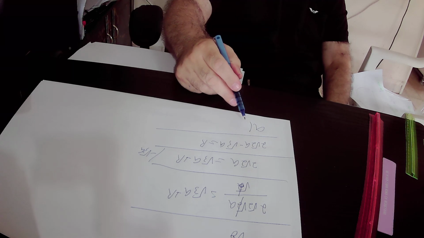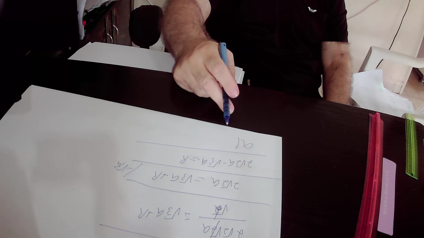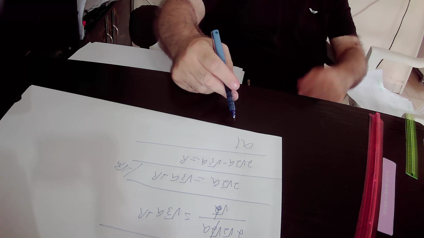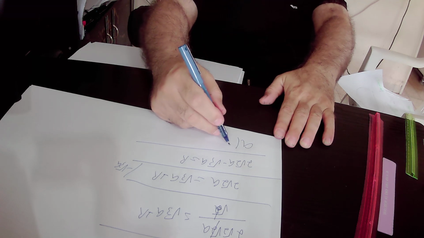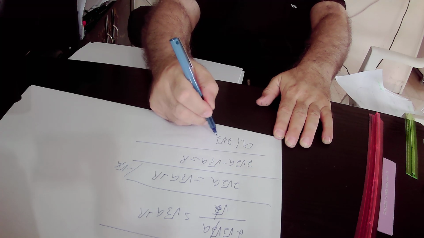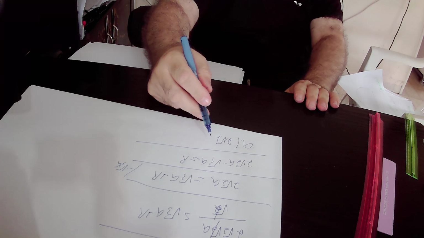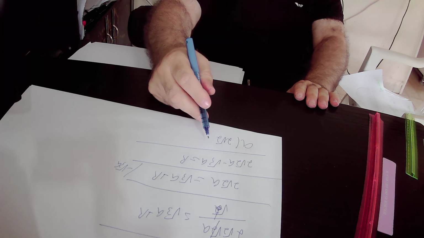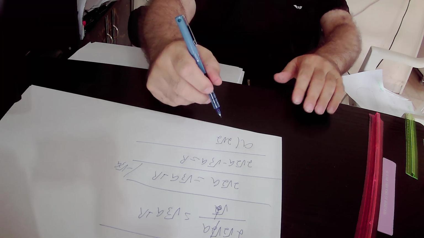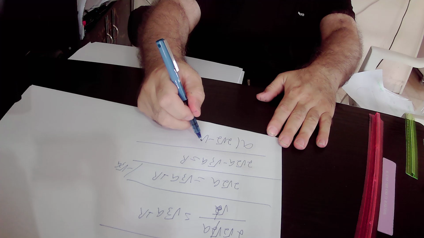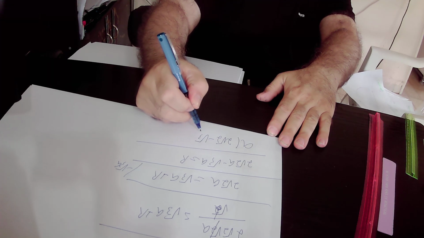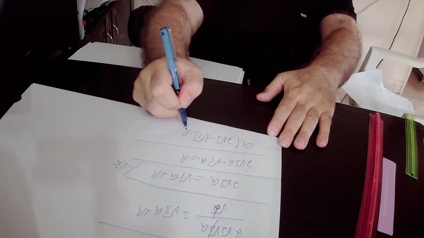What is left from 2 times square root of 2 times a after we took a as a common factor is 2 times square root of 2, and what is left from minus square root of 3 times a is minus square root of 3, that is equal to r.